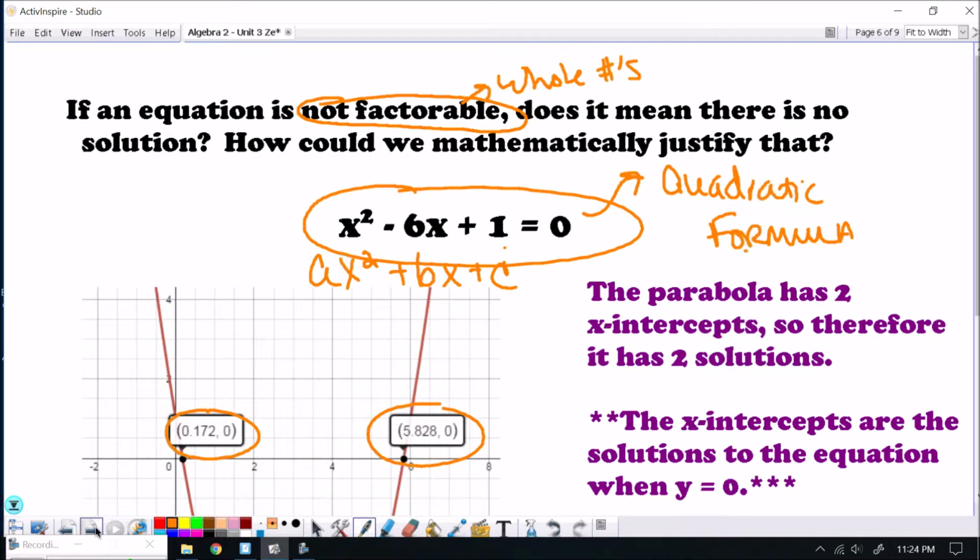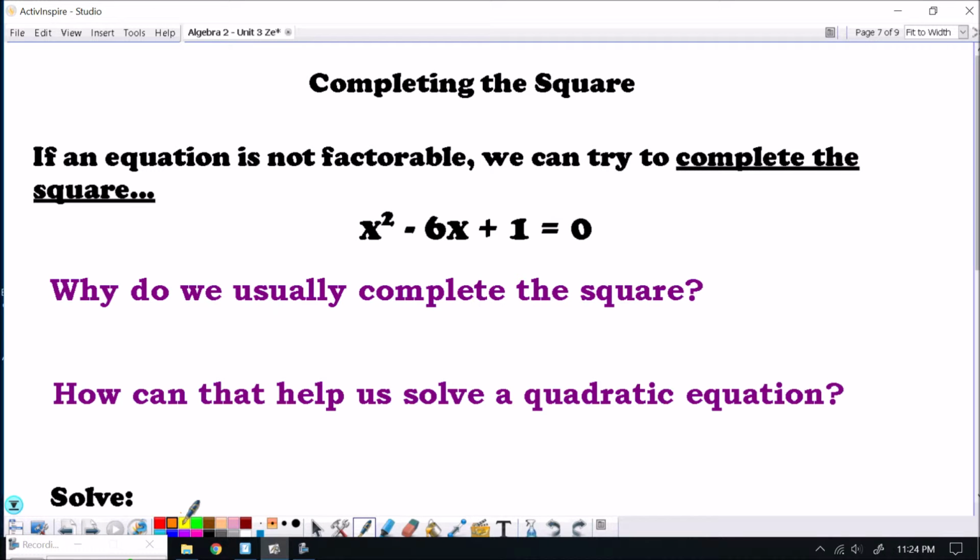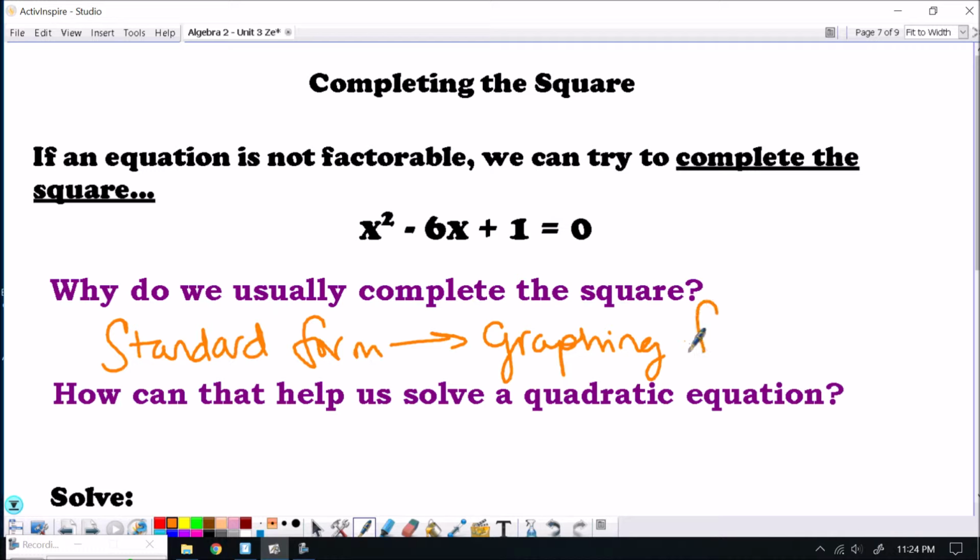But another method we can do is to complete the square. We've completed the square before to make equivalent forms, to change standard form into graphing form. That's why we usually complete the square: we take standard form and change it to graphing form so that we can go and graph it.